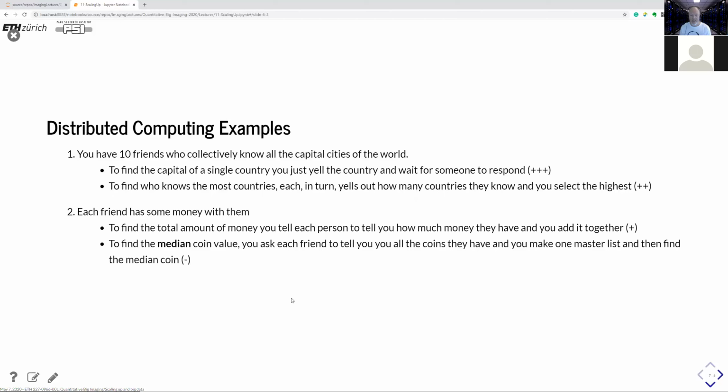And even worse is to find the median coin value of the people that you know. You need to ask everyone which coins they have, make one big master list, and then find the median out of that. And that is not really a good task for distributed computing.